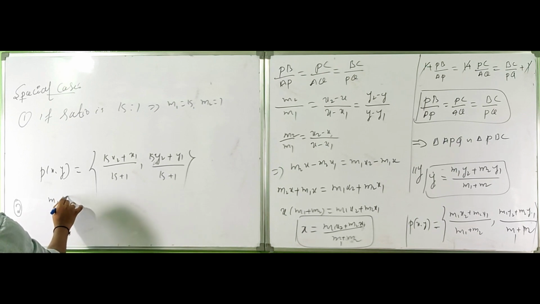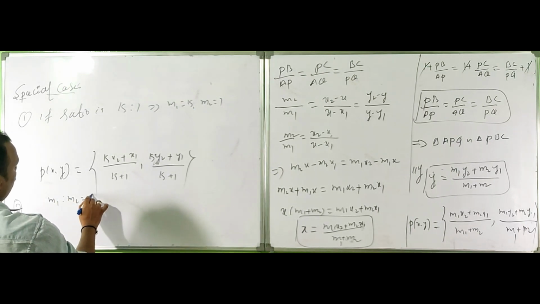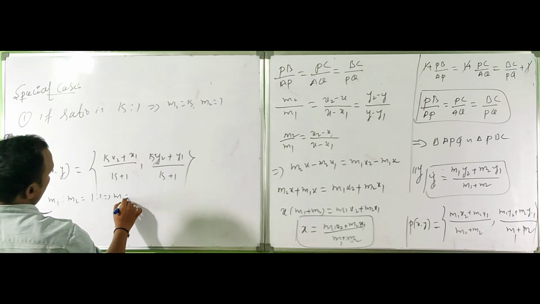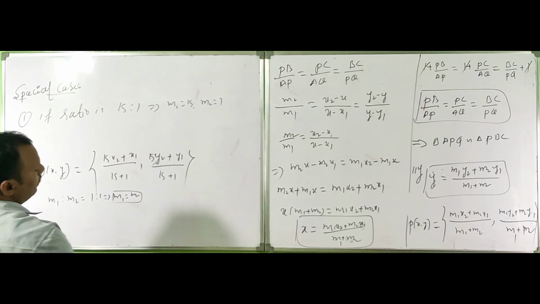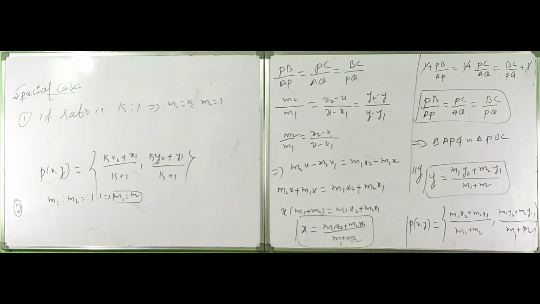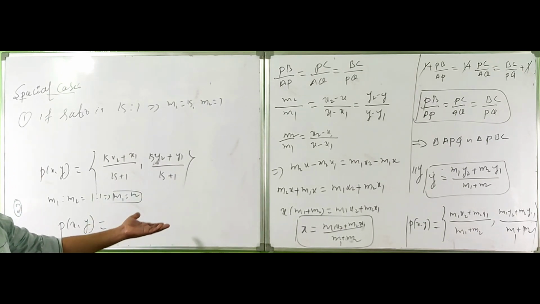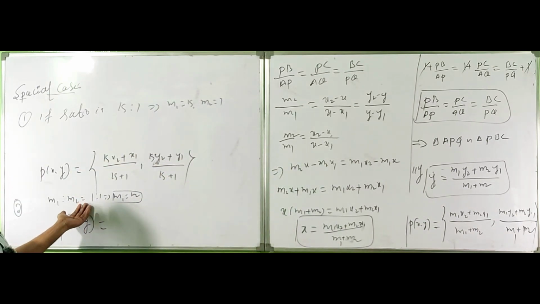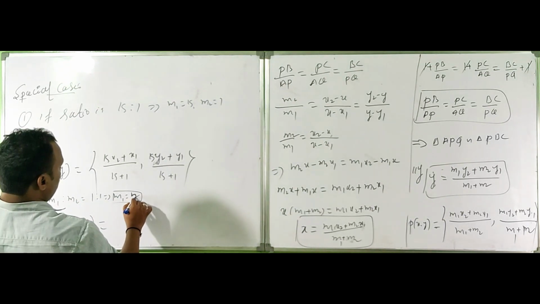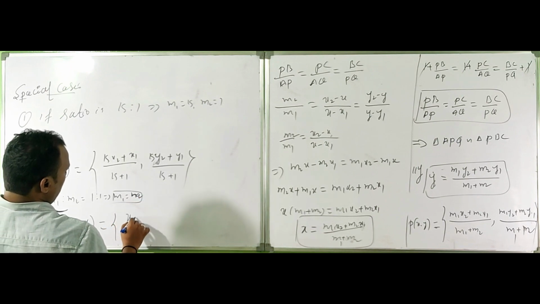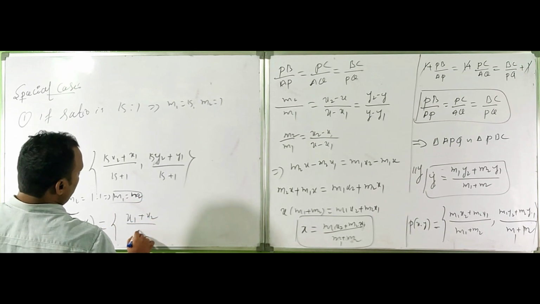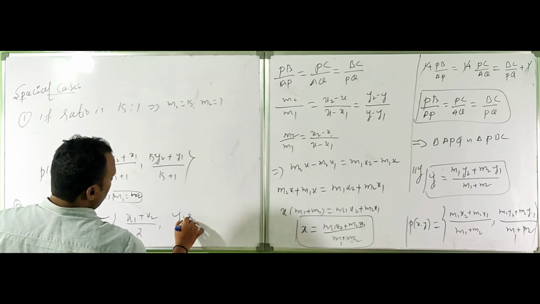Then if m1 is to m2 is equal to 1 is to 1, this means m1 is equal to m2. What happens? Directly I am writing: the formula becomes x1 plus x2 divided by 2, and y1 plus y2 divided by 2.